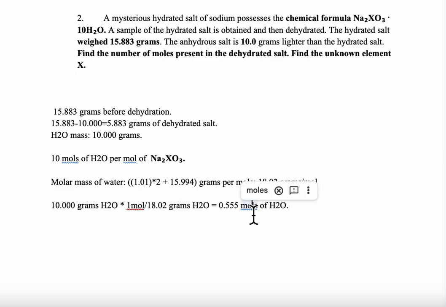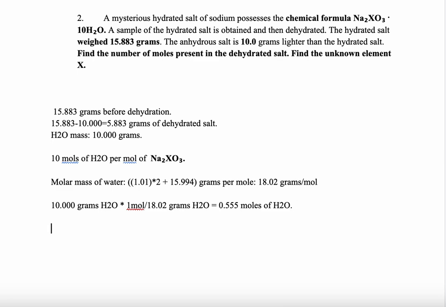And that's very important because now we can use the value of N, which is 10 in this case. We know that there are 10 moles of water per mole of the substance. So essentially if there's a certain number of moles of water, there's 1/10 the moles of the other substance.